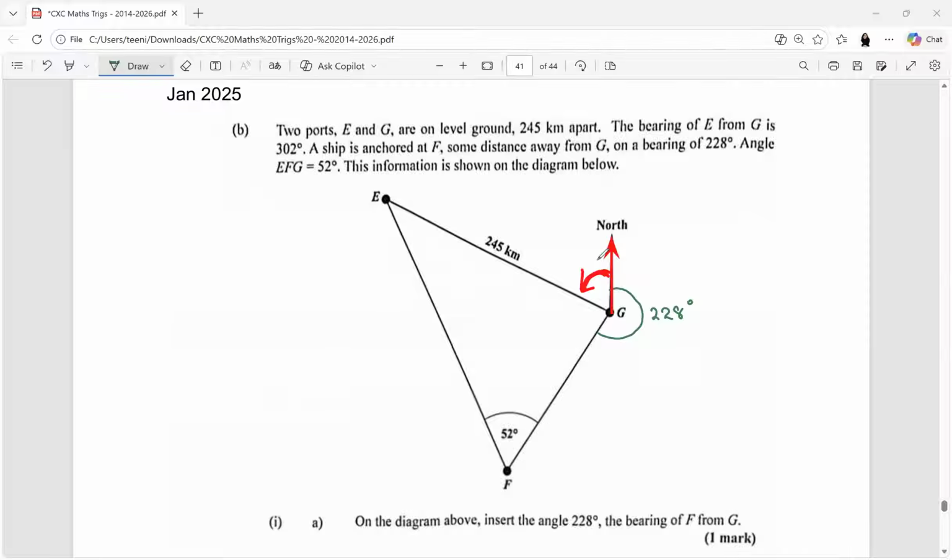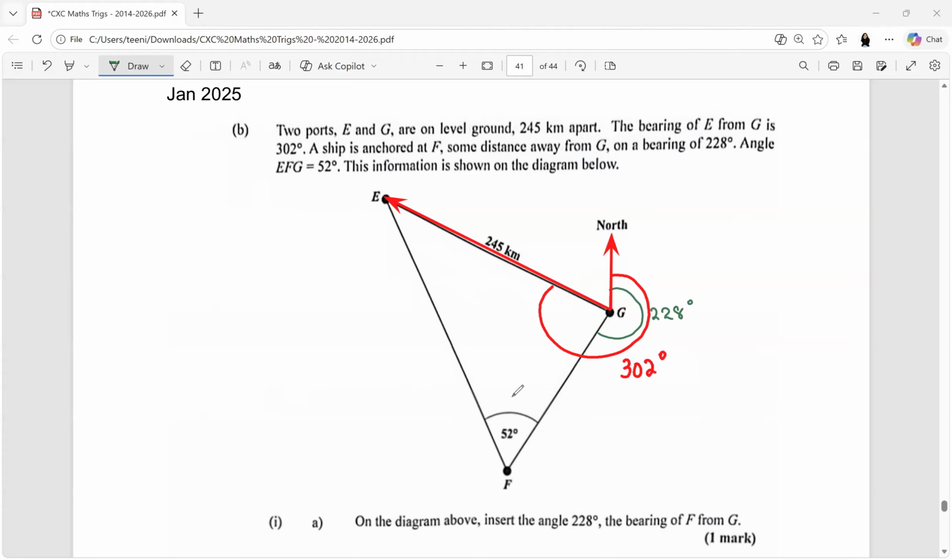The clockwise angle of E from G will be between your north line here and your opening in the clockwise direction. So you're going all the way around here to E. So that angle is all the way from here, including this 228, to that line. So that full angle around there is 302 degrees.